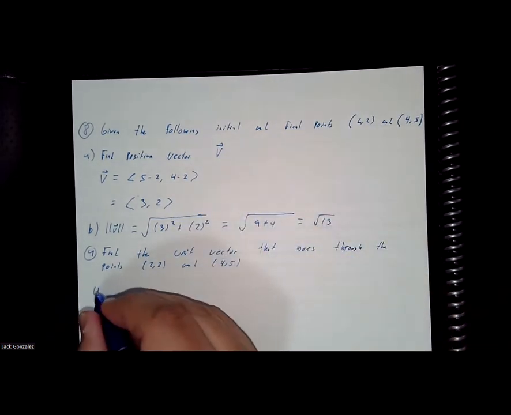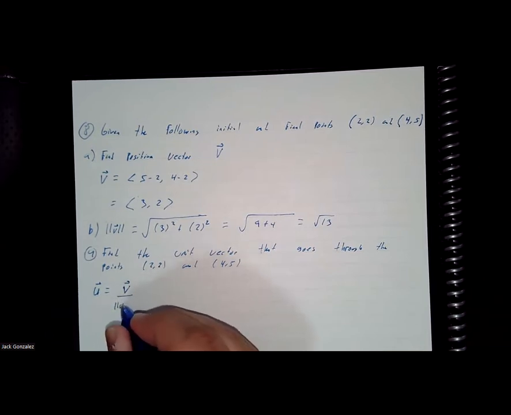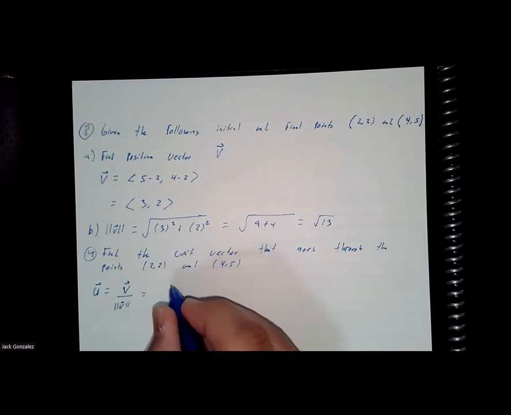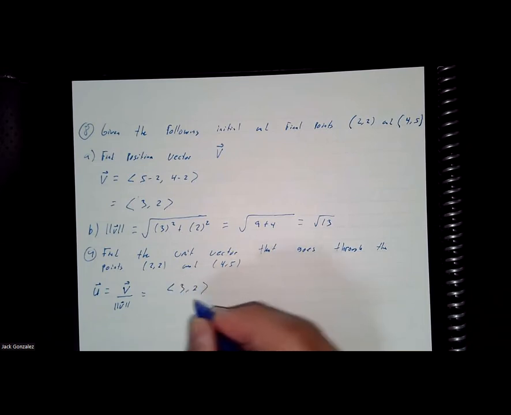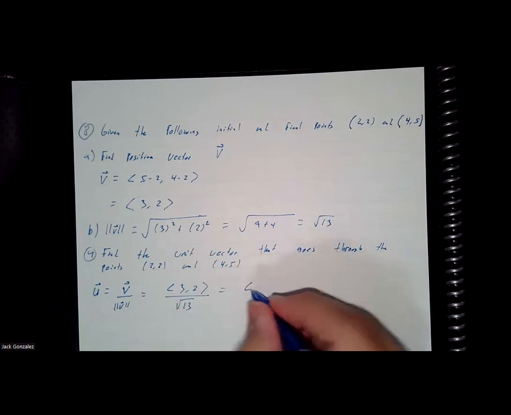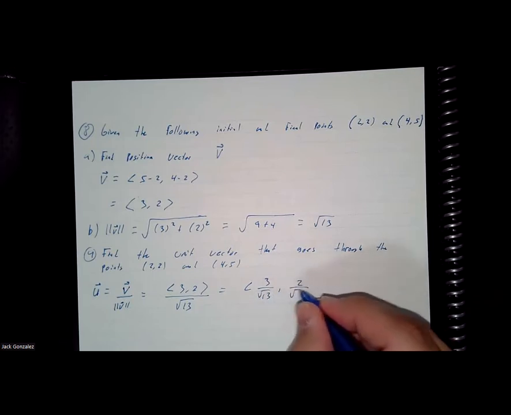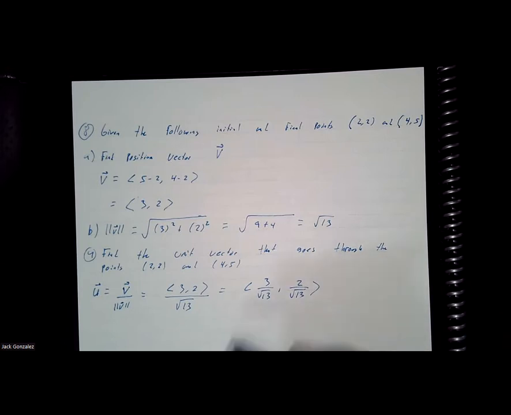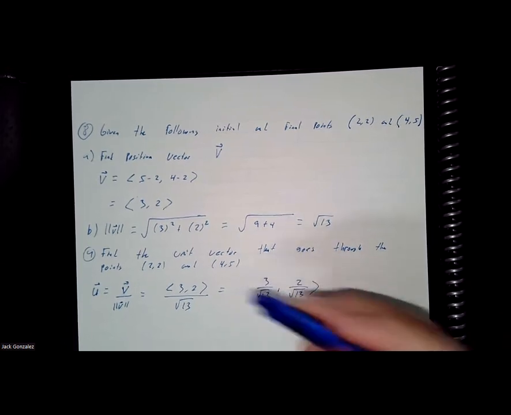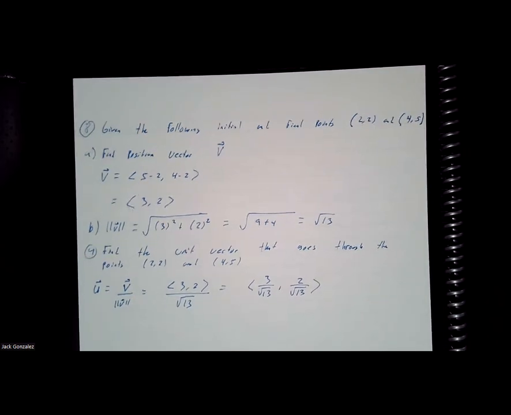So vector u will equal v divided by its magnitude, which we already have. So you take the 3, 2 and divide by square root 13. So this will be 3 over square root 13, comma 2 over square root 13. That's it.